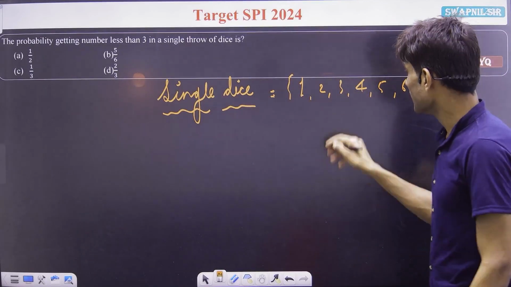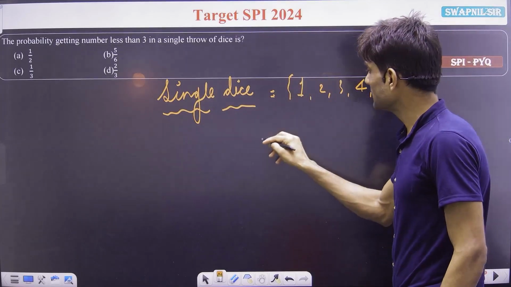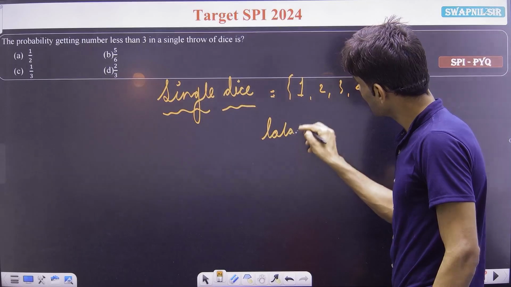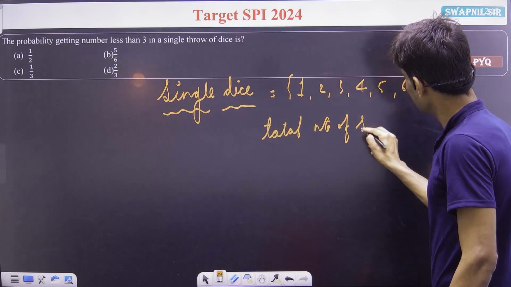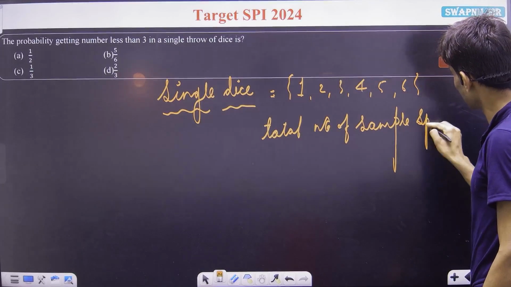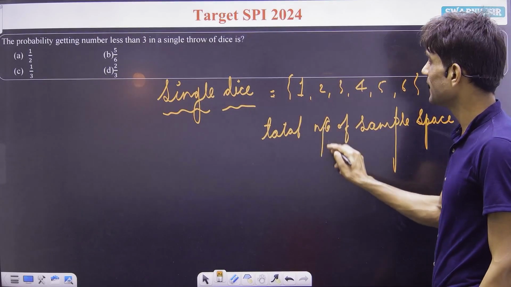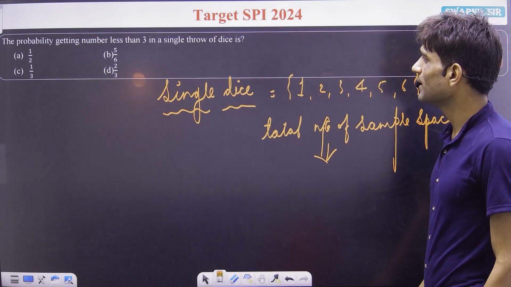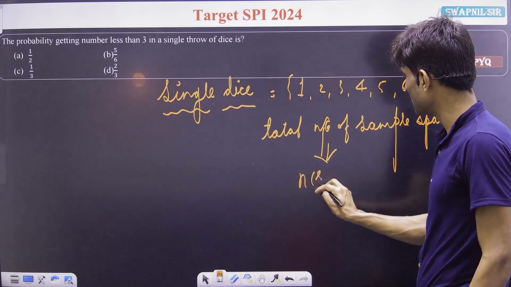That means the total number of elements in the sample space present here in our given event is 6.